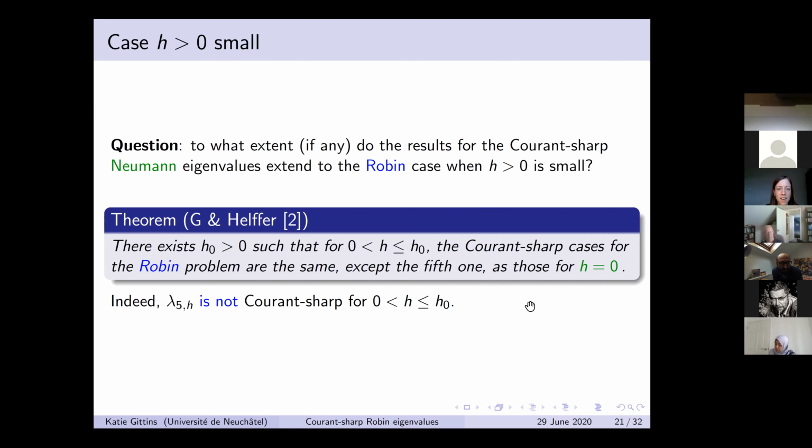So we can't use the Robin-Faber-Krahn inequality, so it was a little bit more tricky to set up. But there is a perturbation argument available there as well, and we had to check through the remaining list of cases. But the important thing is that for small h, the 1st, 2nd, 4th, and 9th are Courant-sharp, but the 5th one isn't. And I can just show you what happens.